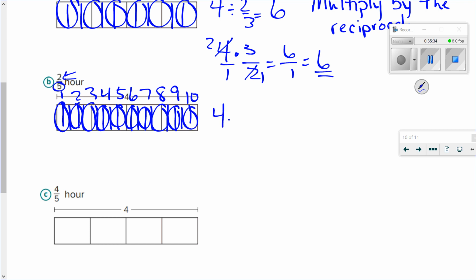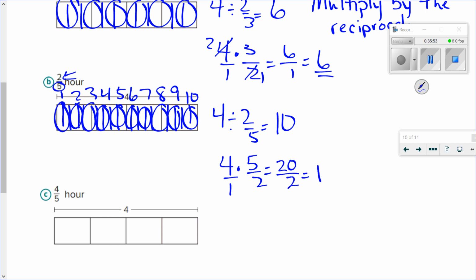So 4 divided by 2/5 equals 10. Doesn't make sense. Instead, I'm going to multiply by the reciprocal. I'm not going to reduce this time even though I could, but I want to show the other way. So 4 times 5 gives me 20. 1 times 2 equals 2. 20 divided by 2 equals 10. Did we get the same answer?